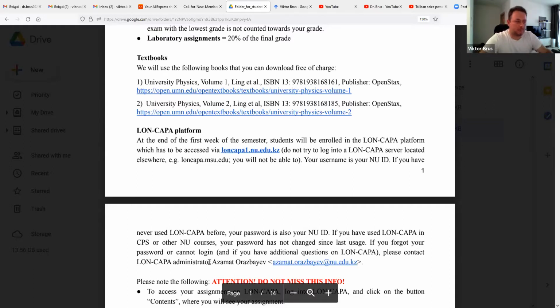I believe that closer to the end of the week, you should already start getting your credentials for access in LongCAPA. And if by any means, after getting these credentials, you cannot log in to LongCAPA, please email our LongCAPA administrator, Azamat. Here is his email, and he will help you with these technical issues.